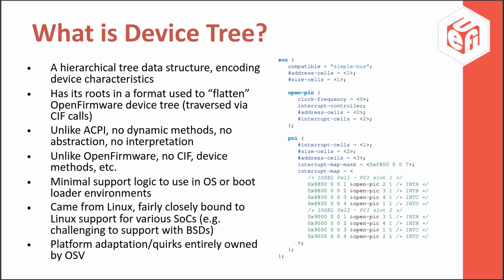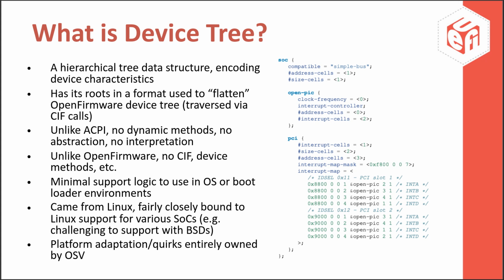In this way, it sounds a lot like ACPI. However, there are no methods. There is no abstraction. There's no interpretation. It really does just describe all the information a device driver or operating system needs to drive the platform, to drive the devices. The roots for device tree are from Open Firmware.